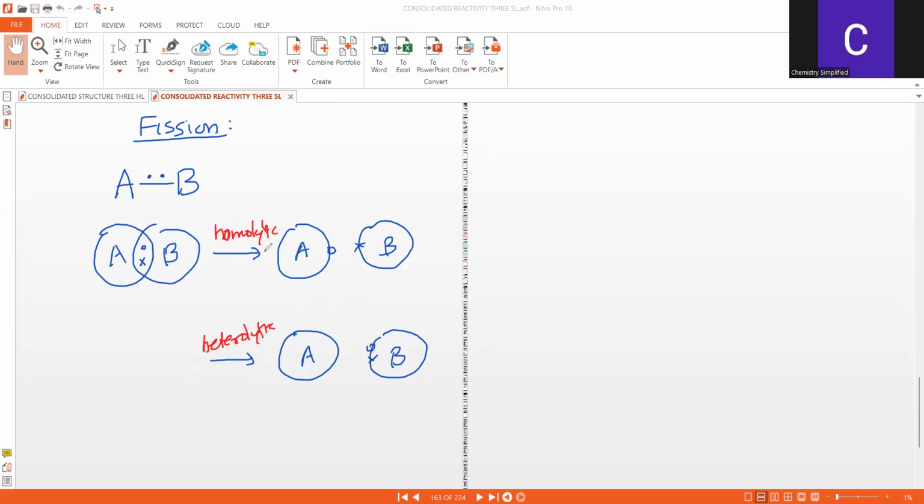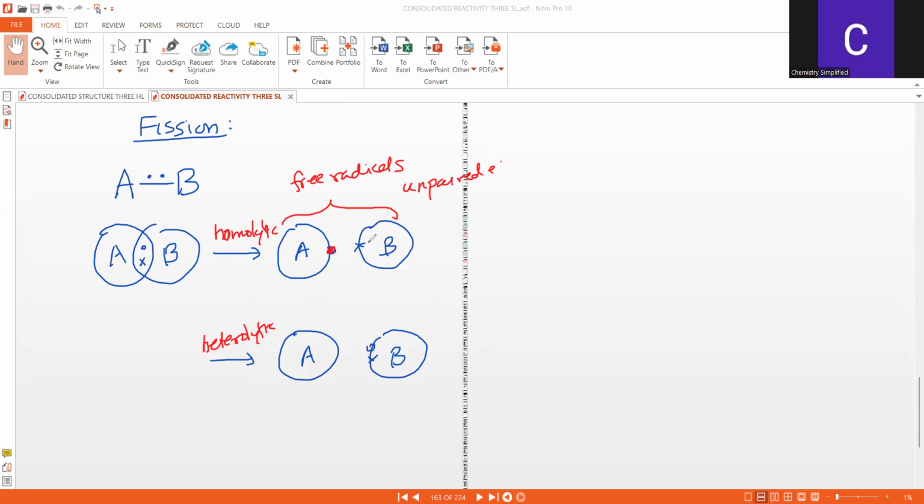Next thing you should know is what the products are. So in case of homolytic fission, you get free radicals or radicals. Free radicals or radicals are the atoms or molecules which have an unpaired electron.